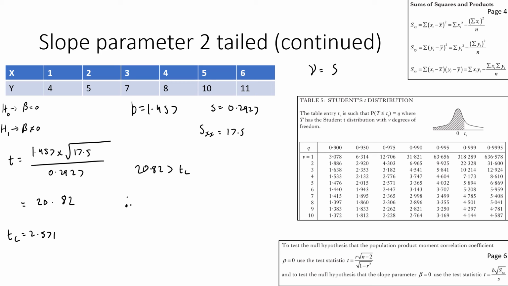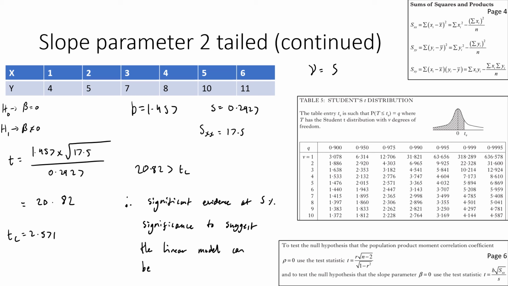Therefore, there is significant evidence at 5% significance to suggest the linear model is, or can be, used for prediction.